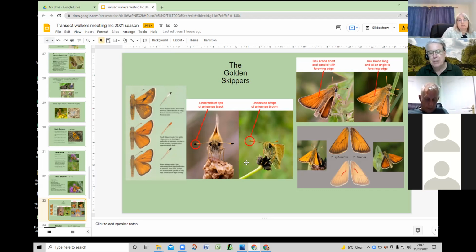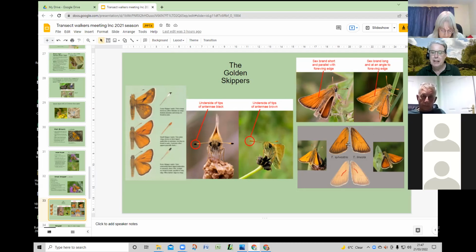So the backup system, and the way you can really get a little bit more to grips with these two species, is the sex brand of the males. Obviously, you can only do it with males, and you can see the difference here.